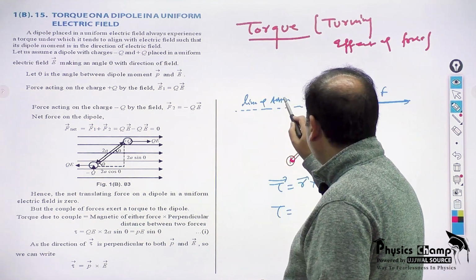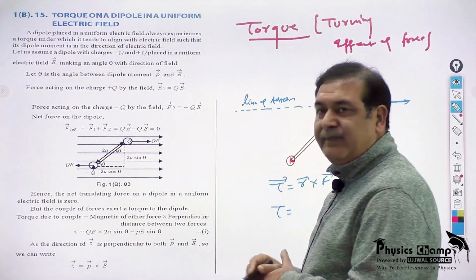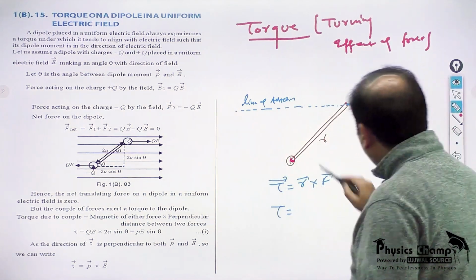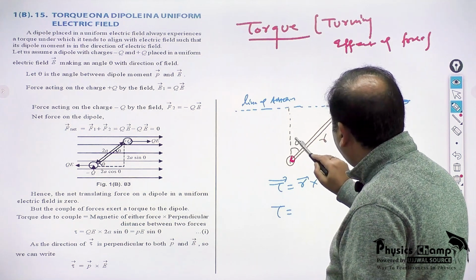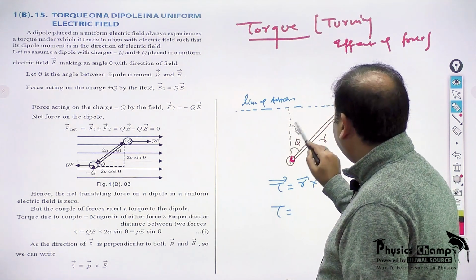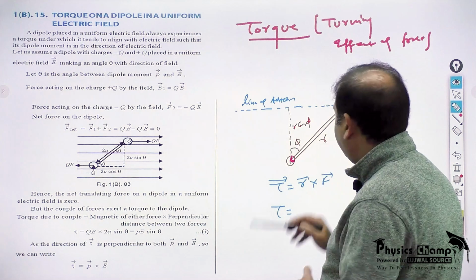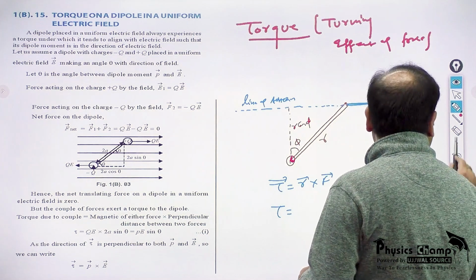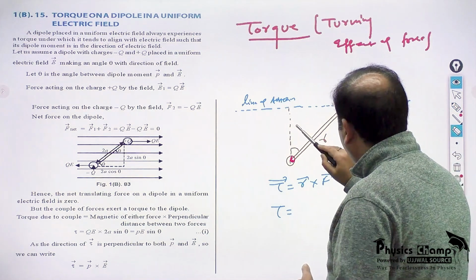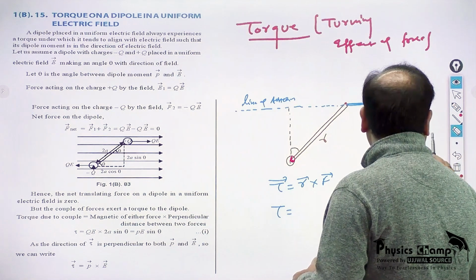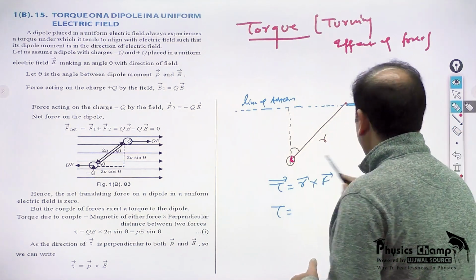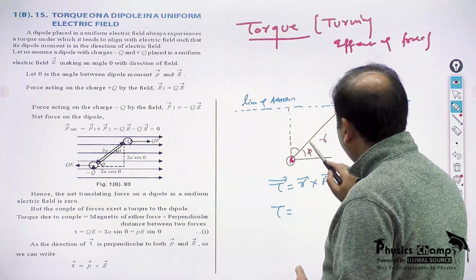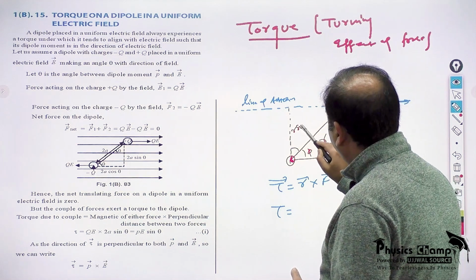When you produce this line of action backward and look for the perpendicular distance, if this angle is phi, it becomes r cos phi. Or if this angle here is phi, then this becomes r sin phi.